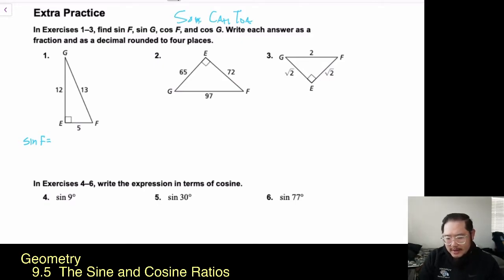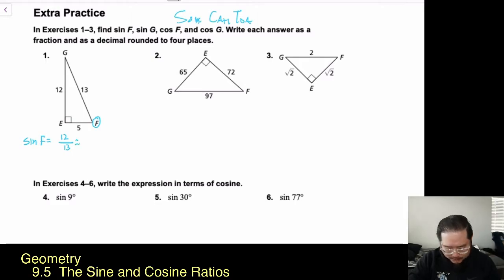And if I take a look at angle F right here, opposite of angle F is 12. And the hypotenuse is opposite of the 90-degree angle, which is 13. Okay? So there's the first part. Sine of F, 12 over 13.